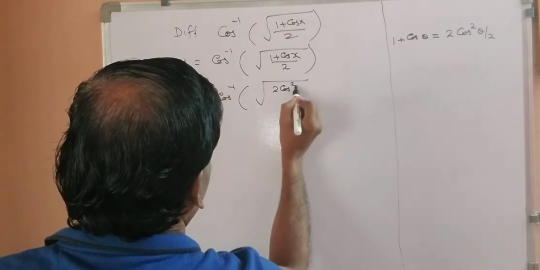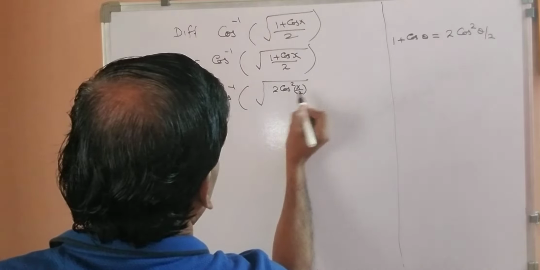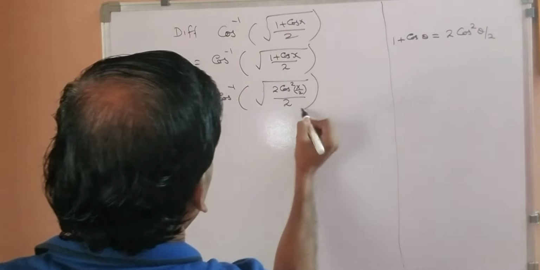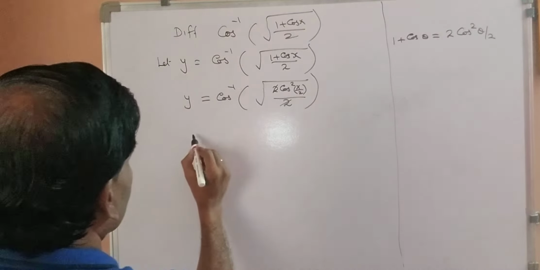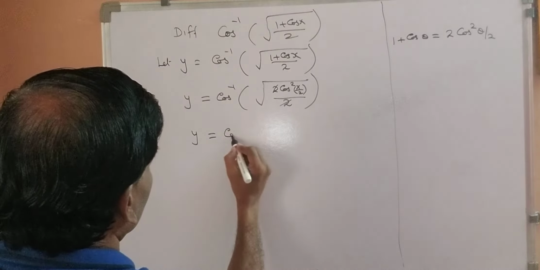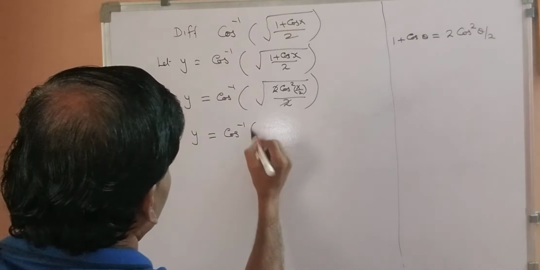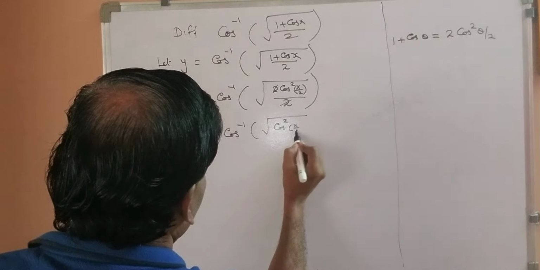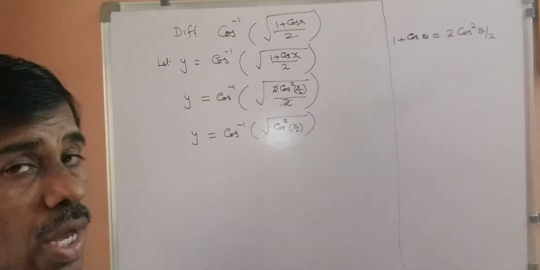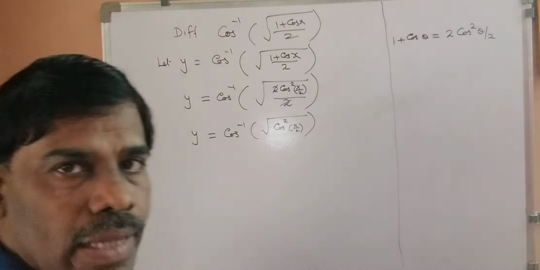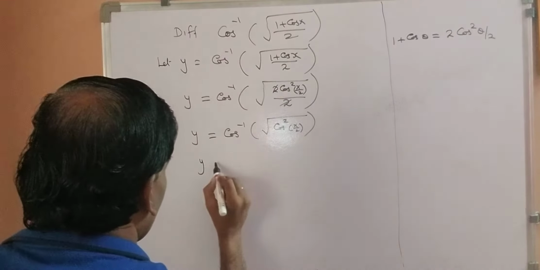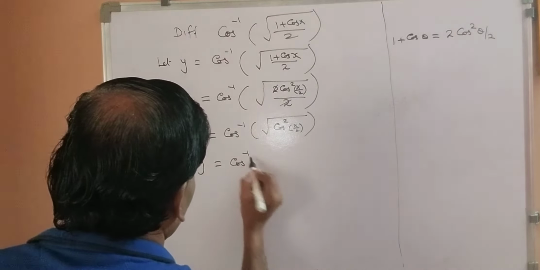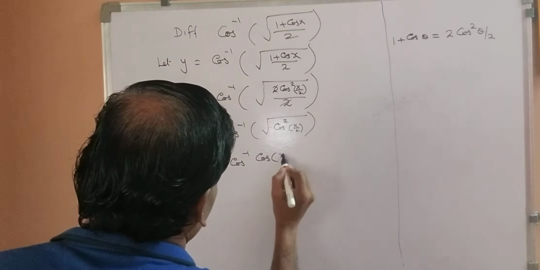So 2 cos square x by 2, upon 2. So 2 will get cancelled. So you will be getting cos inverse square root of cos square x by 2. What is square root of cos square x by 2? Cos x by 2. So y equal to cos inverse of cos x by 2.